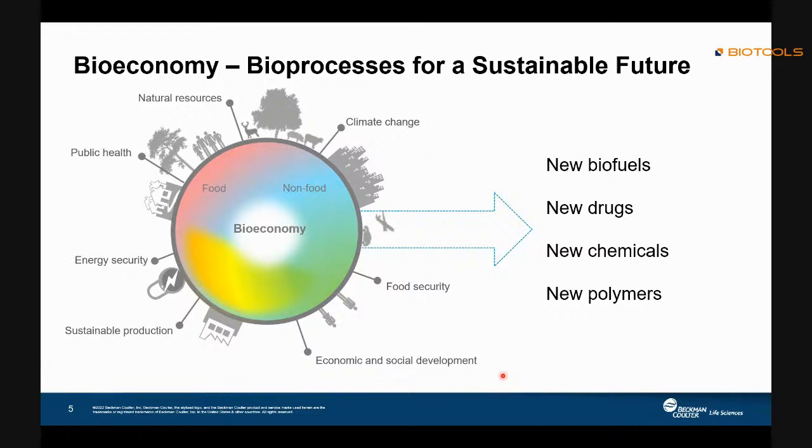The original diesel and that kind of thing may run out one day, so if it is possible to make biofuel, it can help the environment. Not only biofuel, but also drugs and chemicals and even polymers that can be biodegradable or come from bio processes that can help the environment a lot.